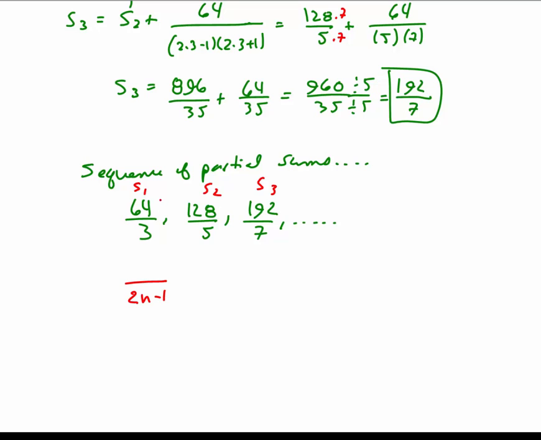Now let's look at the numerator. 64, 128, that's doubled. But 128 doubled is 256, so that doesn't work. So I wonder about 64 times 3 here. So this is 64 times 2 is 128. 64 times 3 is 192. So it looks like I'm multiplying times 2, times 3.